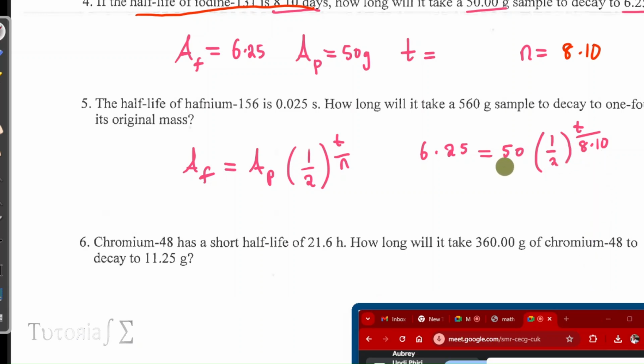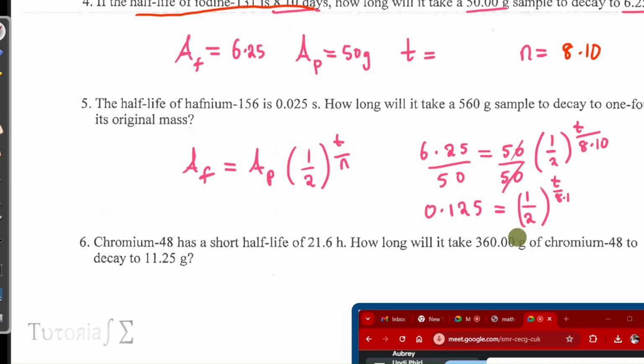We'll divide both sides by 50. This 50 and this 50 will cancel out and we'll remain with 6.25 divided by 50. What are you getting? 6.25 divided by 50 is giving me 0.125. So 0.125 is equal to half to the power t over 8.1.